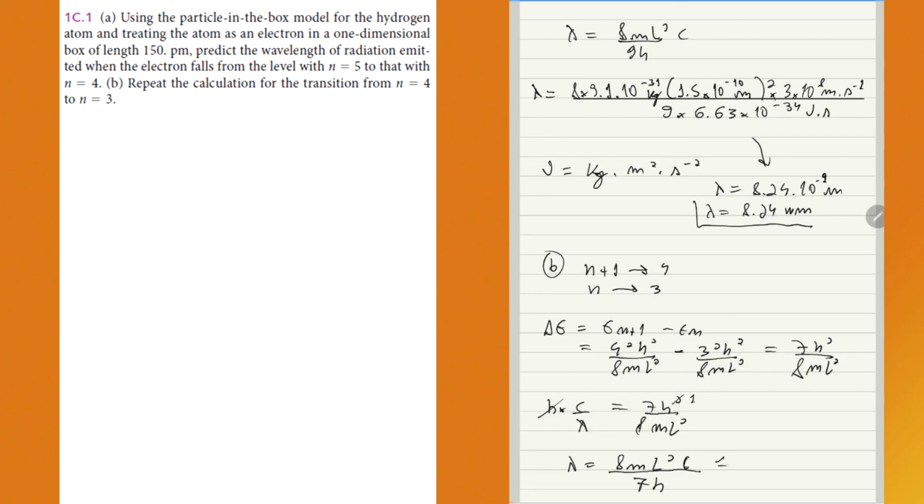After placing each value here, we find that this yields 10.6 nanometers. That's a lower energy than the first one, because the wavelength is larger.